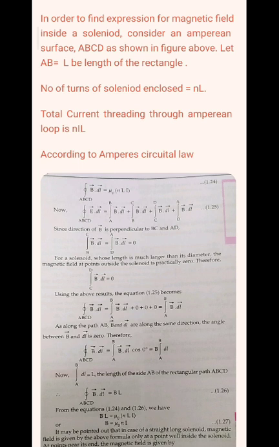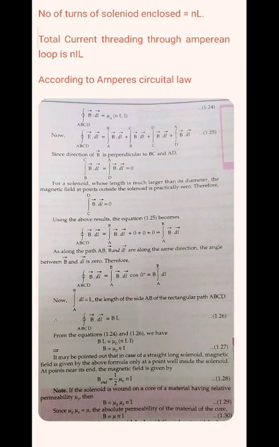Now we get the integral of B dot dl around this Amperian loop ABCD equal to the integral of B dot dl along AB, while the other three are equal to 0. Along the path AB, B and dl are in the same direction, so the angle between B and dl is 0.